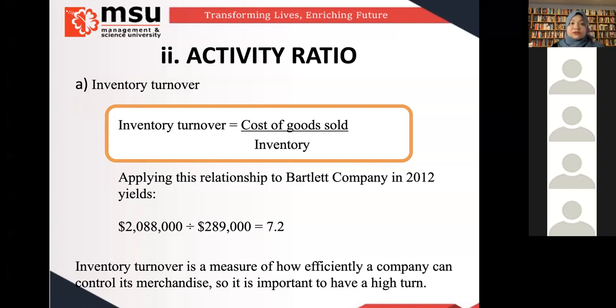So if you want to restock new goods, you have to make sure that the inventory in your store is able to be moved from the store. If not, you will have excessive goods in your stock.